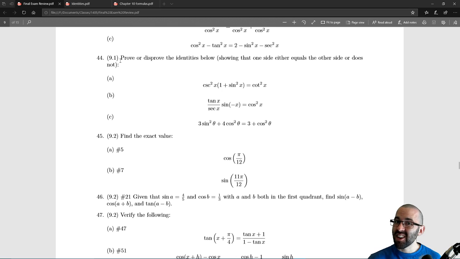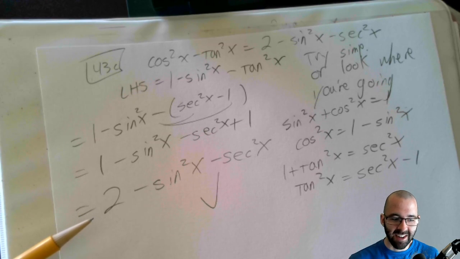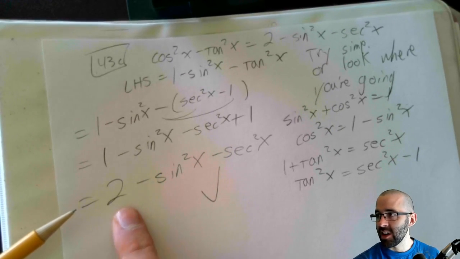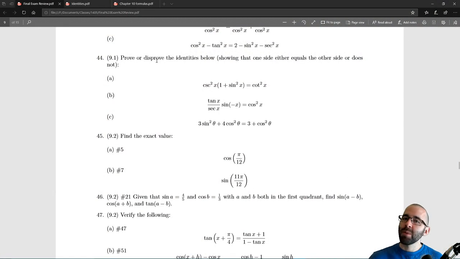These ones are just a little harder here because if it says verify and I get something that's not the right-hand side, like a 3 or something, I say, okay, I must have messed up. But if it says prove or disprove and you get a 3, well, then you say, okay, did I mess up and it was supposed to be a prove? Or did I do it right and we successfully disprove? Okay, so these ones are the same idea, just a little trickier.